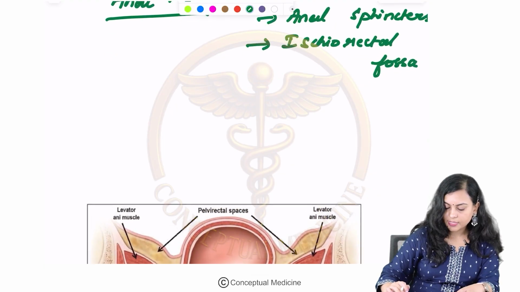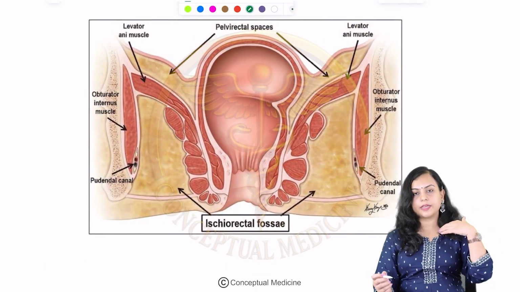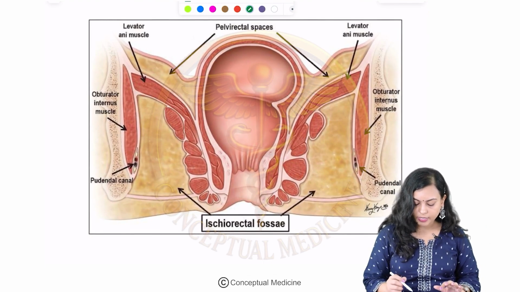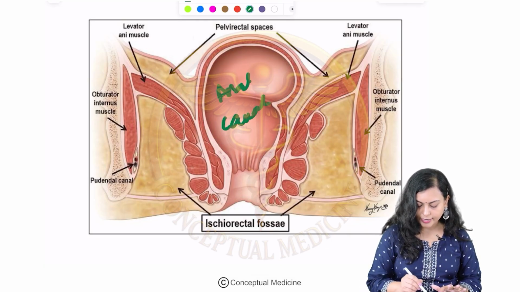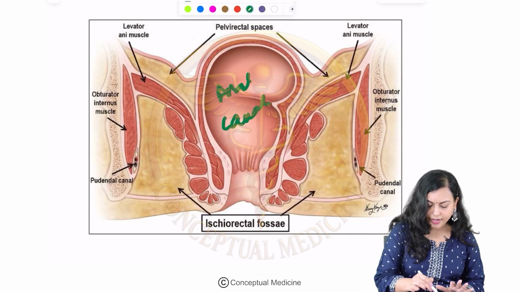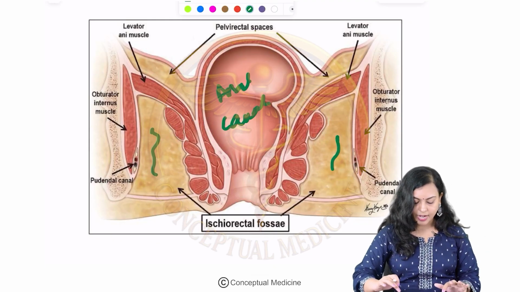First we will see the ischiorectal fossa. So this is a picture to explain what is ischiorectal fossa. It is located on either side of the anal canal. So this is the anal canal. On either side of the anal canal, ischiorectal fossa is based. Basically, this is nothing but the fat content. What do you see over here on either side of the anal canal?